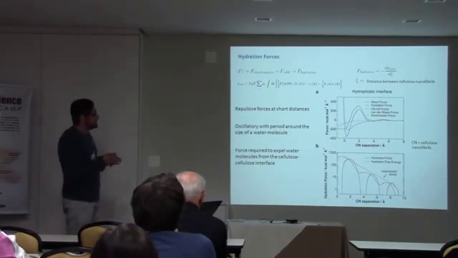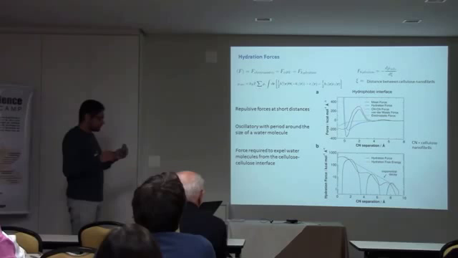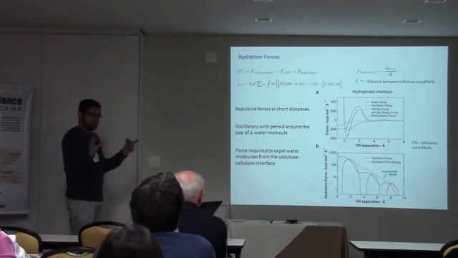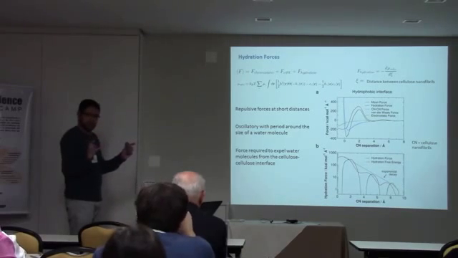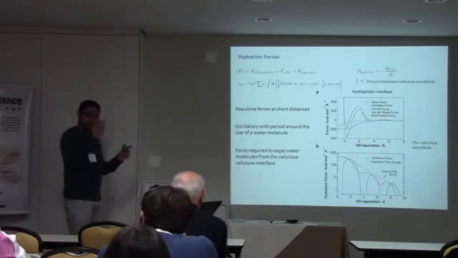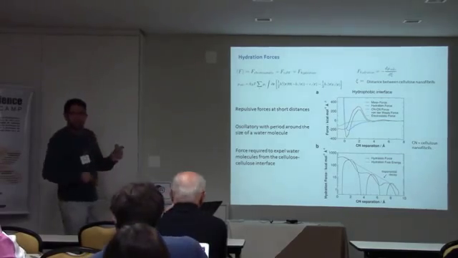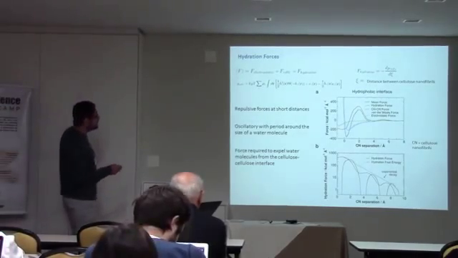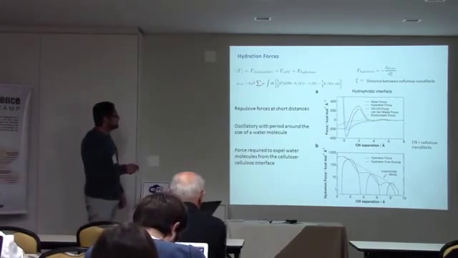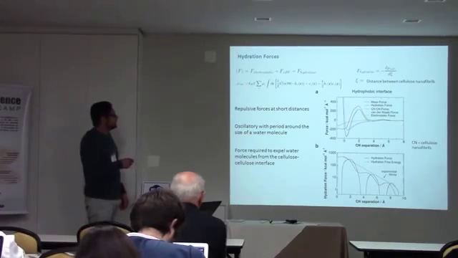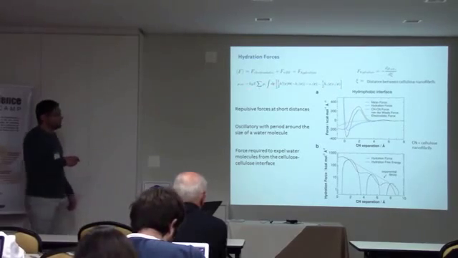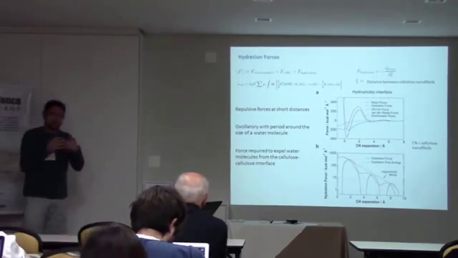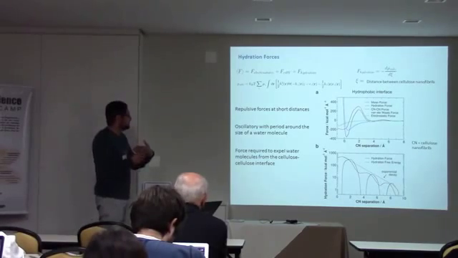Which means basically that we measure the force between two cellulose fibers, and you average out all of the degrees of freedom of the solvents around the cellulose and in between. Everything is accounted for in this term of the mean force, the effective force between two cellulose fibers.